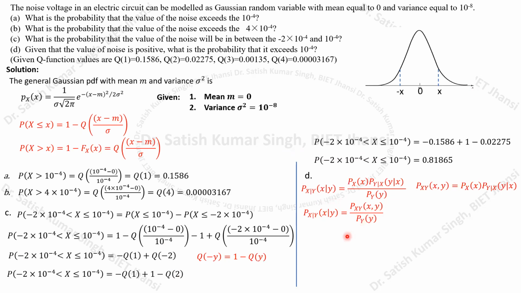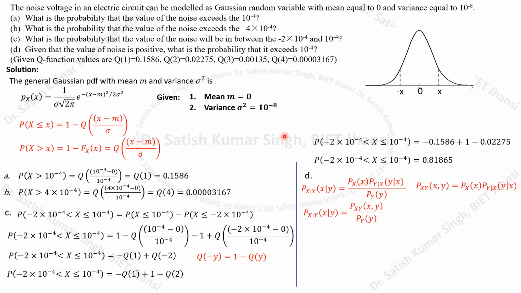So now we have to correlate this formula to this particular given problem. The problem which is given is that the noise voltage is positive. So it means that we have to consider that X is greater than 0.